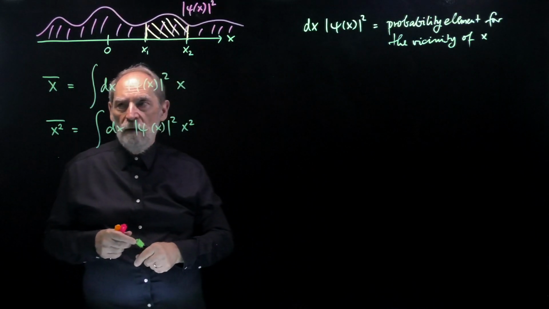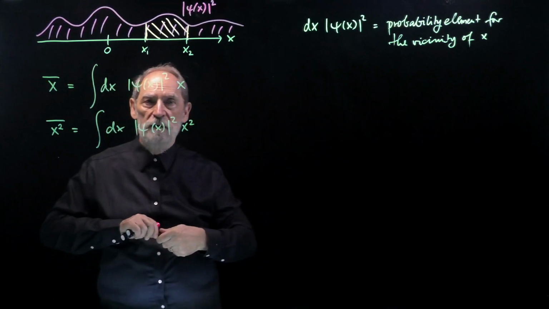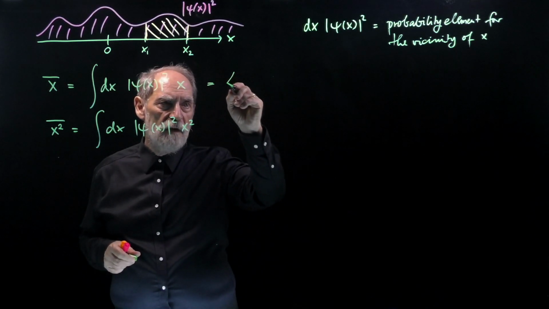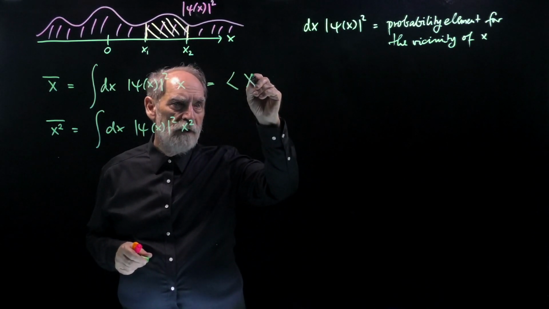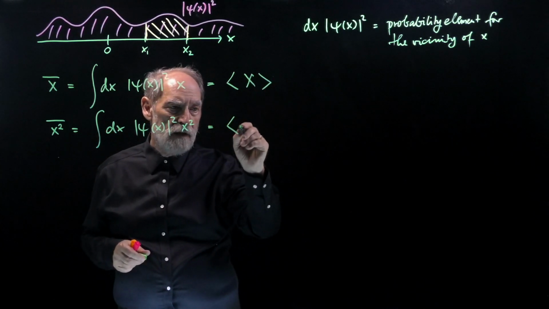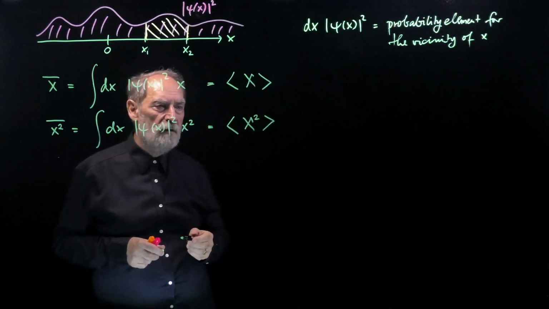Now, if we want to make contact with the formalism that we had for other situations, we would like to read this as the expectation value of an operator that we associate with position. And this would then be the expectation value of the square of this operator.